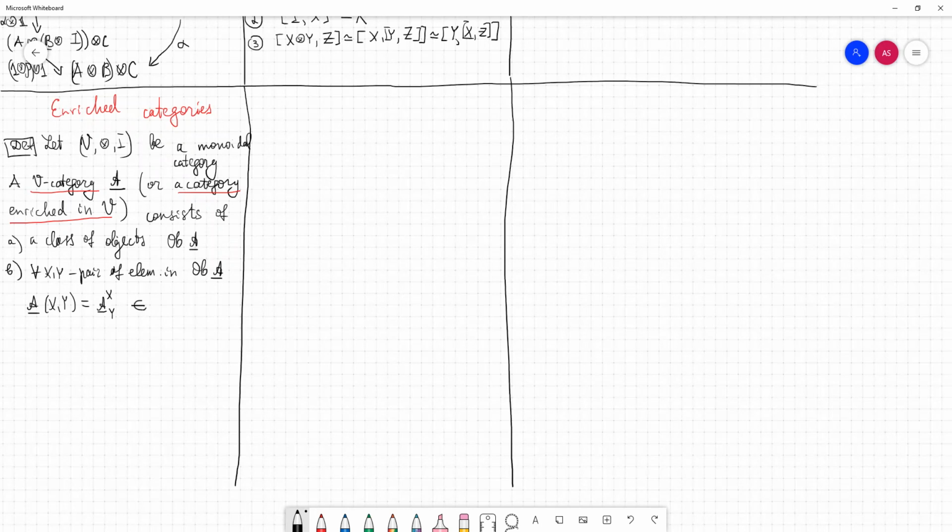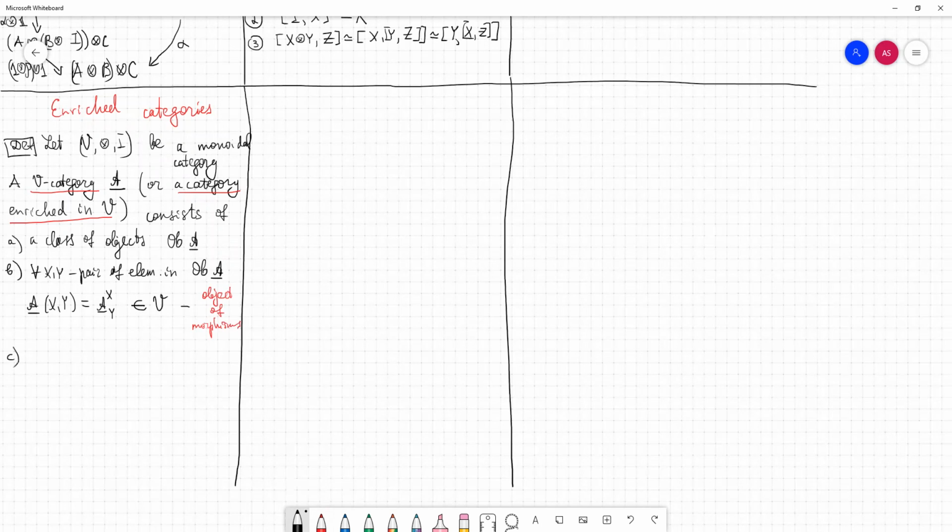This is an element of V, which is called the object of morphisms. You can also call it the Hom object.